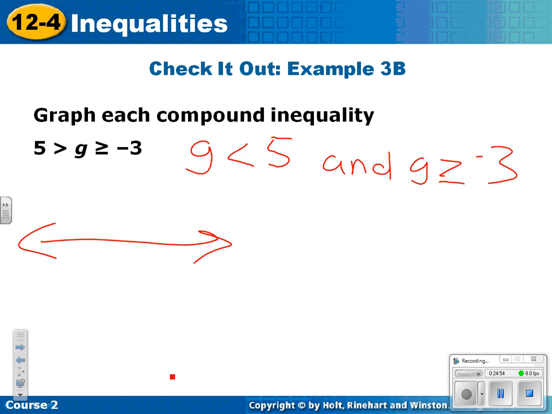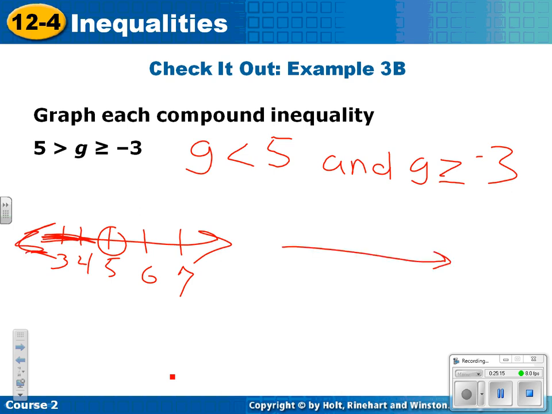Let's see, 5, G is circle. G is less than 5. This way.